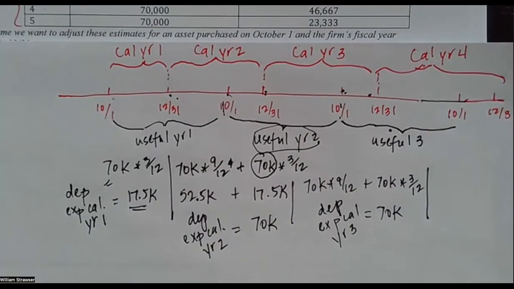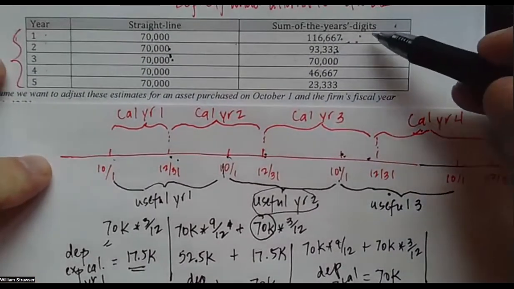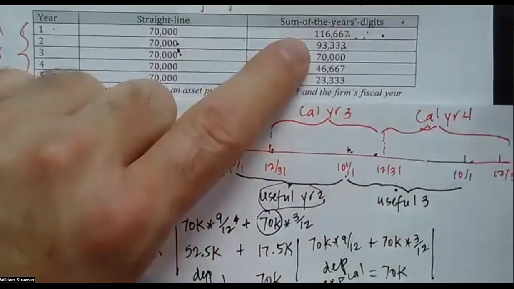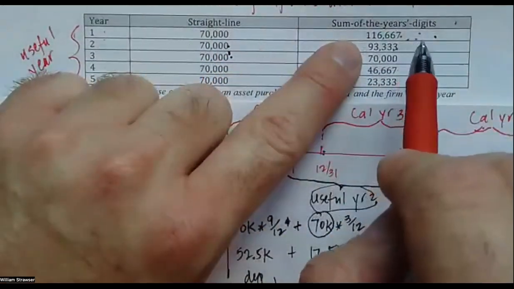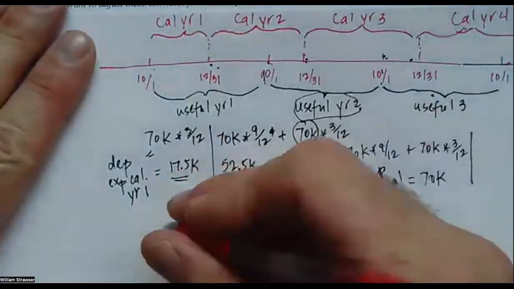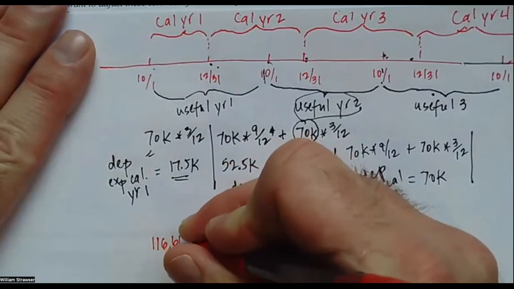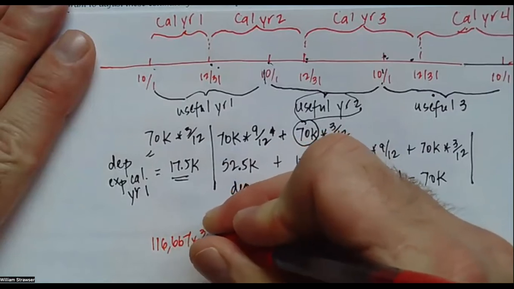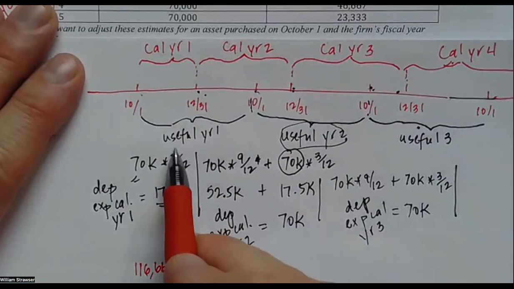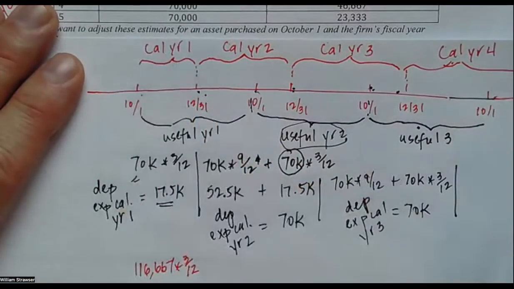Now, to see where this really comes into play, we'll look at the sum of the year's digits. So because this amount is the first useful year estimate under sum of the year's digits, I would have 116,667, and that would get modified by 3/12 because we're in the first useful year for this period of time in the first calendar year.